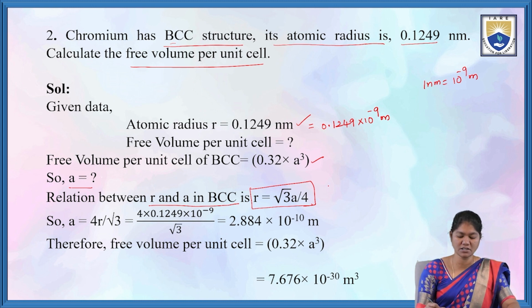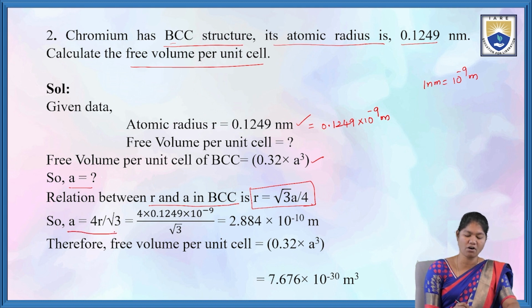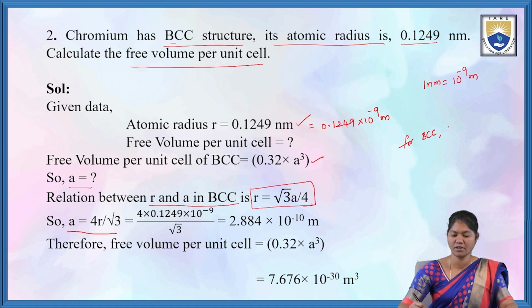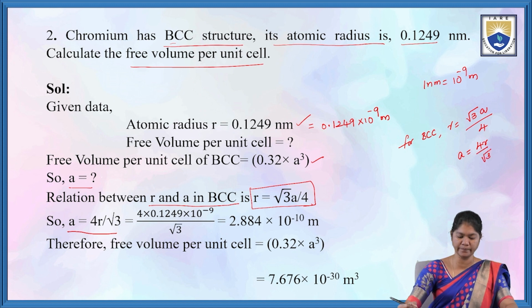So from this, we get A is equal to 4R by root 3.